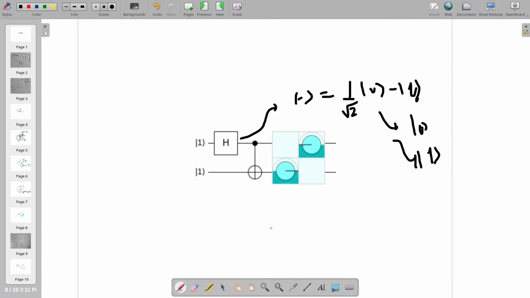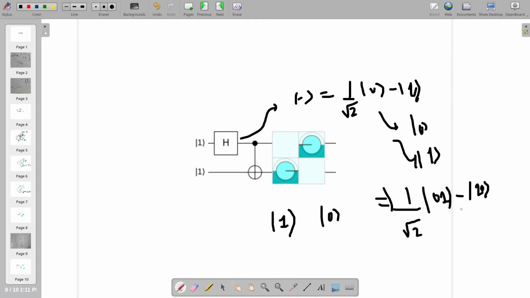When the above value is 0, the below value remains 1. When the below value is 1, it becomes 0. So what we get in the end is 1 by under root 2 (0 1 minus 1 0), which is nothing but psi minus.